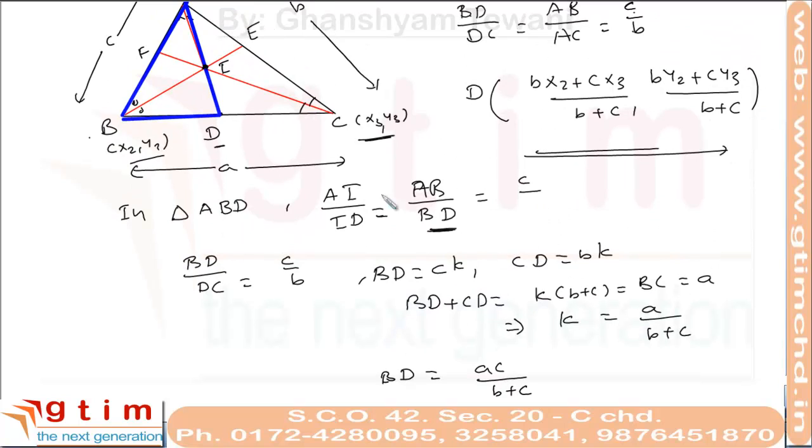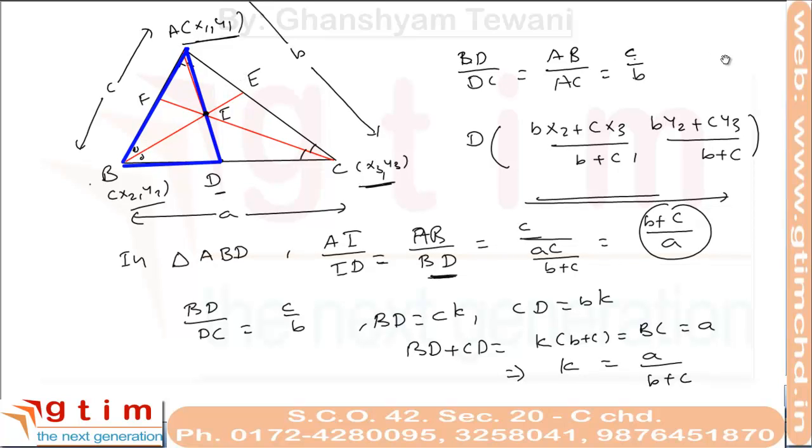So in this ratio AB upon BD, we have c upon ac over b plus c, that is b plus c upon a. So we now have ratio AI upon ID, which is b plus c by a.